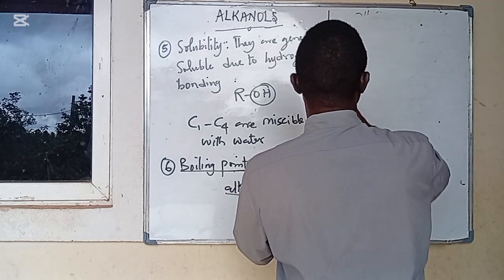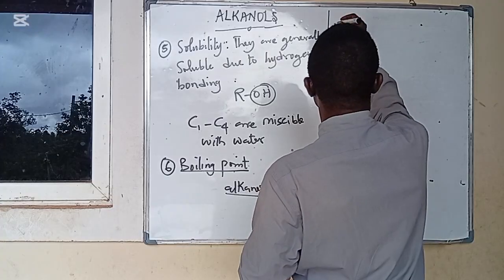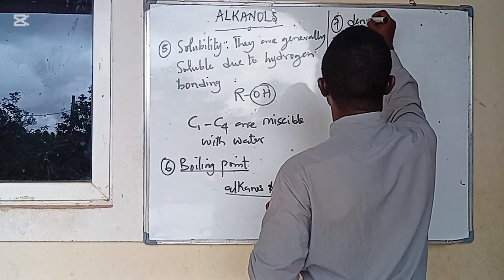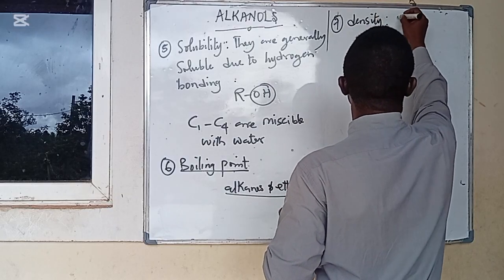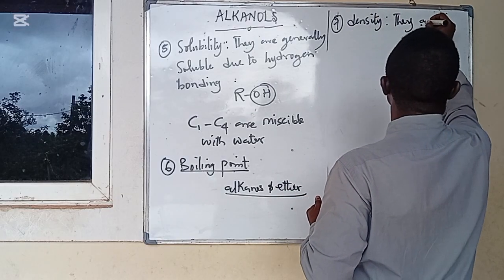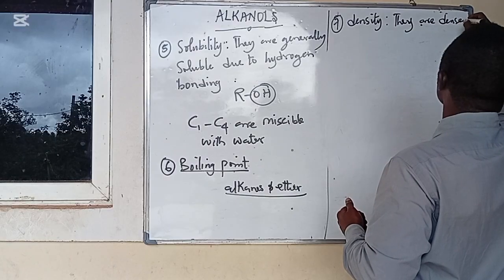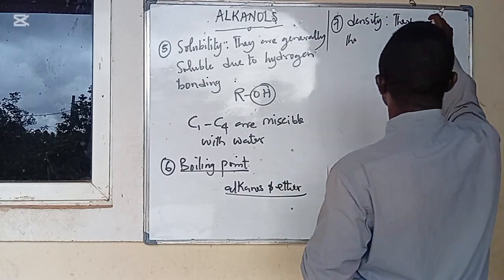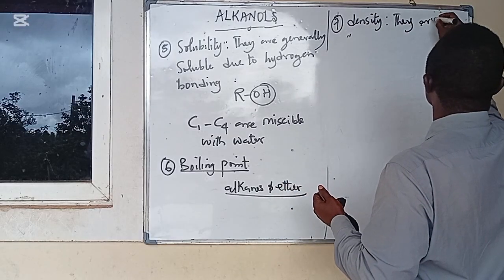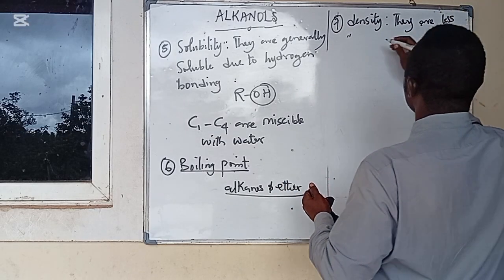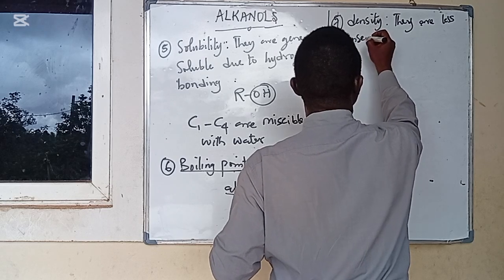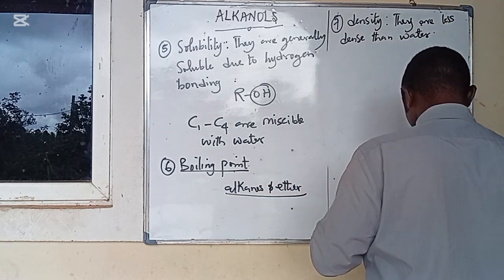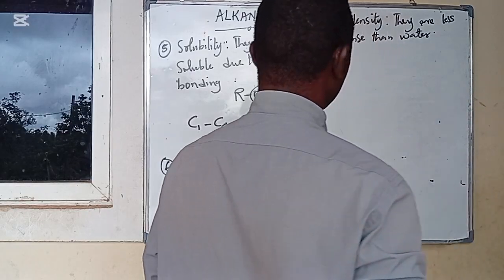Then number 7 is density. They are less dense than water. Generally, they are less dense than water. Okay.